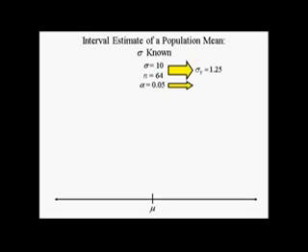And because 0.025 is in row negative 1.9 and column 0.06 of the standard normal table, z equals 1.96. The margin of error is equal to the z value times the standard error, which equals 1.96 times 1.25, which equals 2.45.